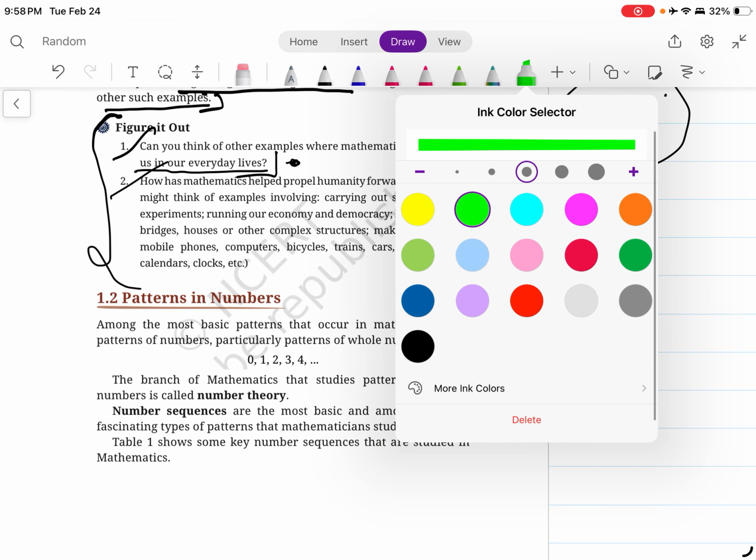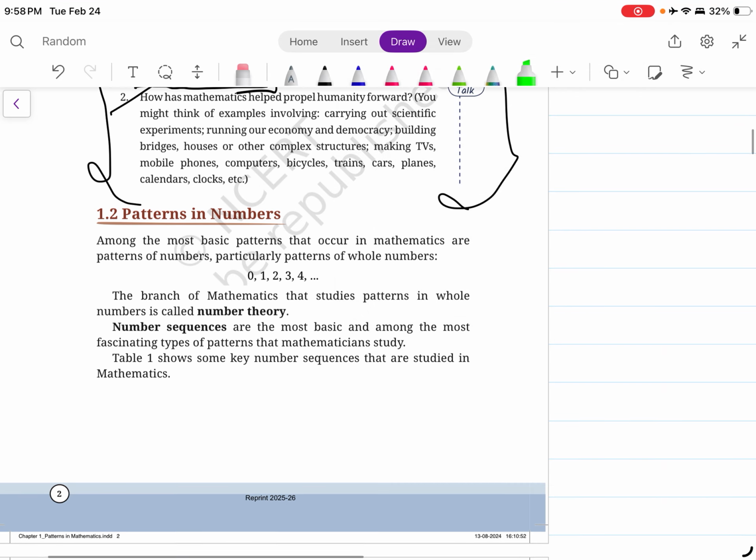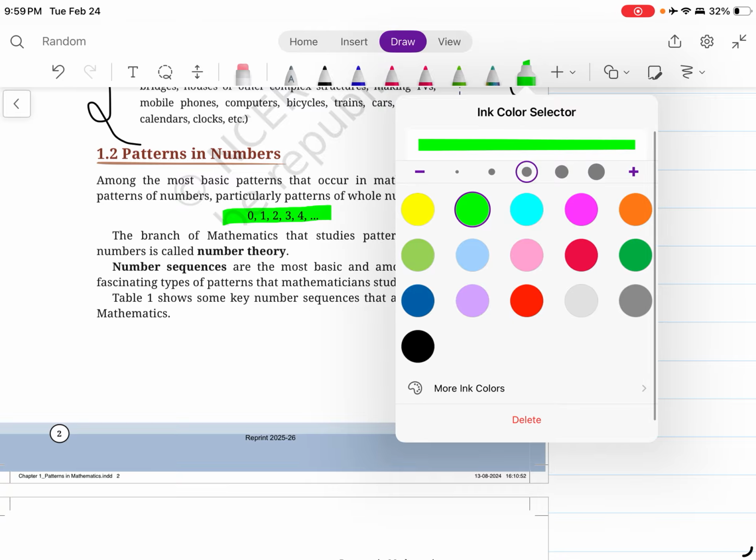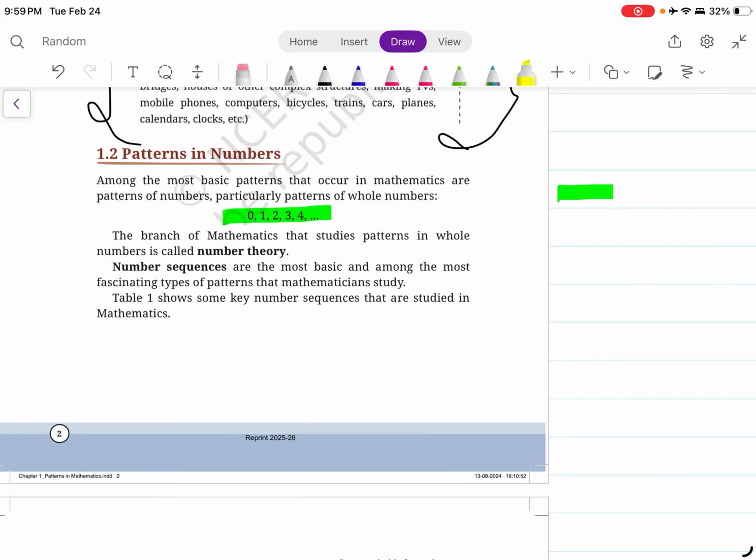Okay, so now coming to the patterns in numbers. Among the most basic patterns that occur in mathematics are the patterns of whole numbers 1, 2, 3, 4. ठीक है, the branch of mathematics that studies patterns in whole numbers is called number theory.